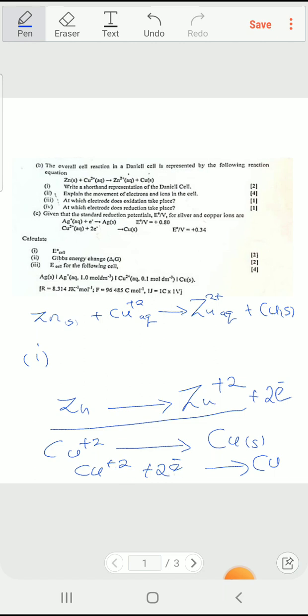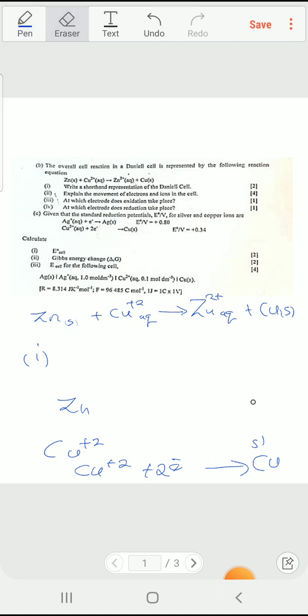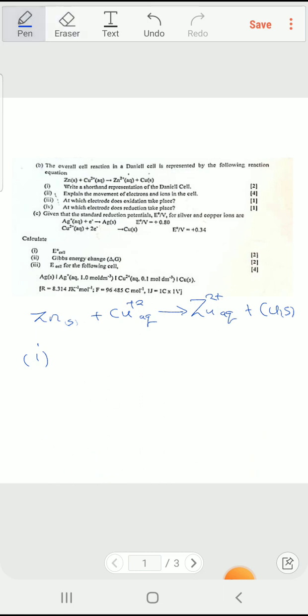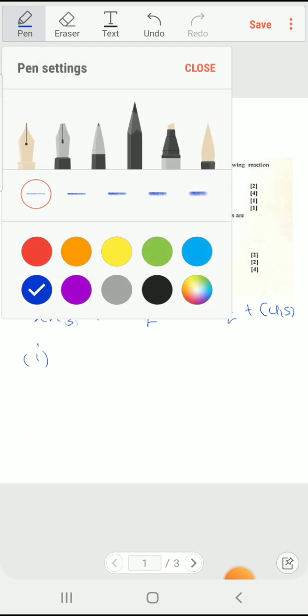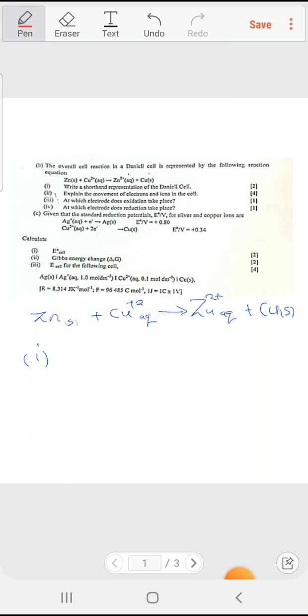So how can we write the shorthand notation now? I just wanted you to know that zinc takes place on the anode reaction, which is oxidation. So I'm going to write zinc, which is the anode.